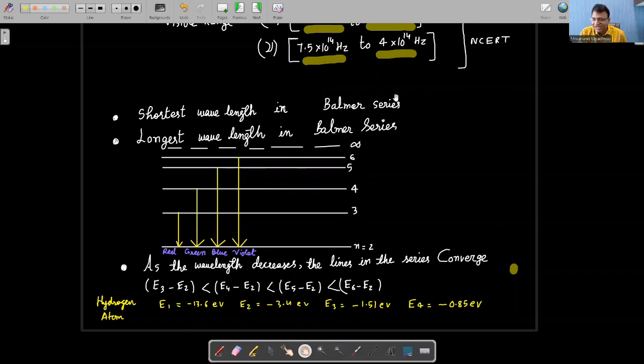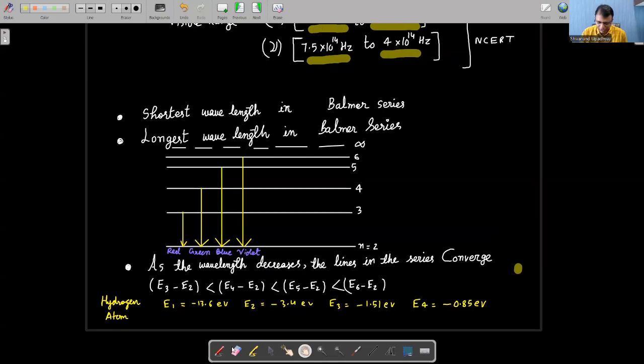The energy difference between these photons decreases as we move away, which means these photons are converging. The wavelength difference is also less, so that's why this word is used here. As the wavelength decreases, we are going from higher orbits to the second orbit, so the lines in the series converge. So this word is important.